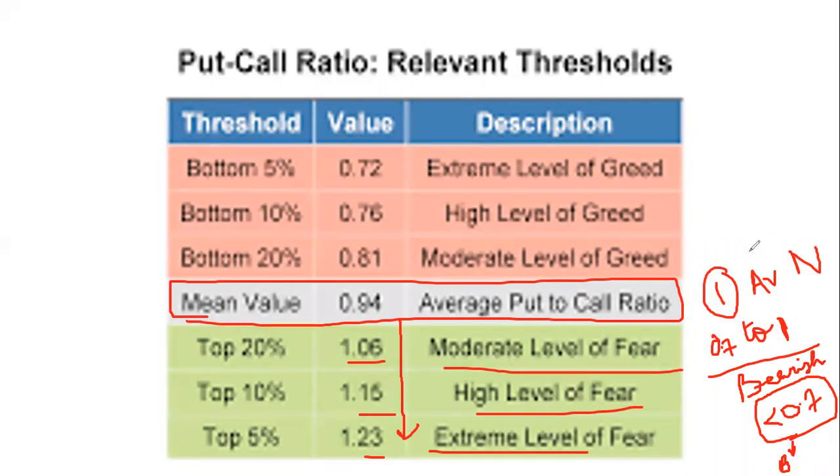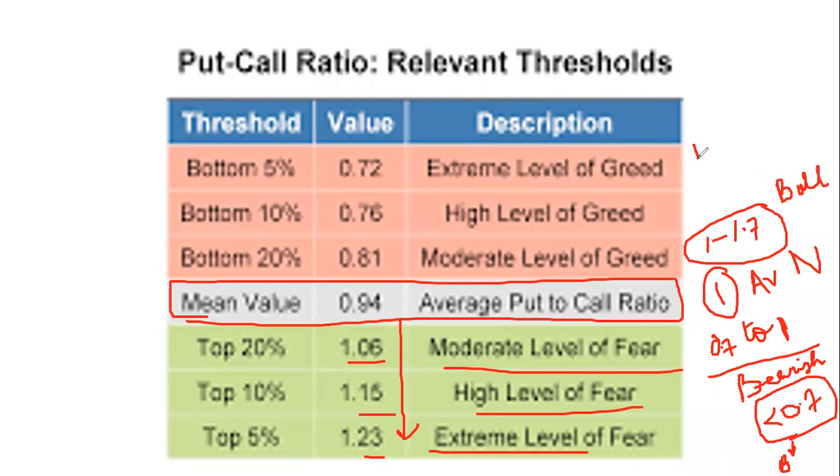Getting this? Similarly, if the PCR is between 1 and 1.7, then we have a general view that the market is bullish.